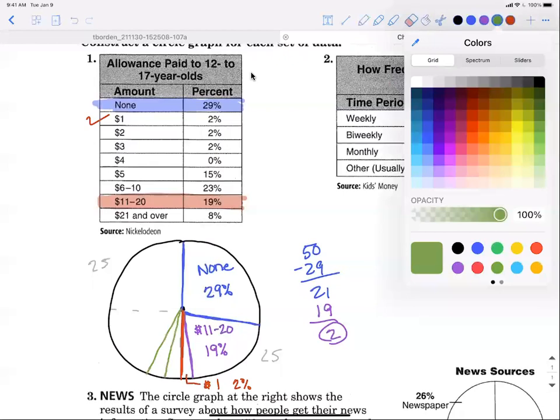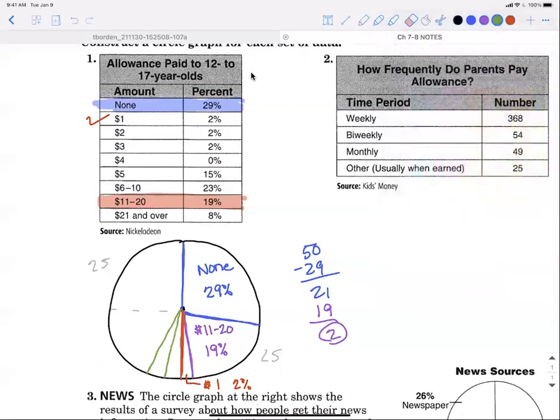So I draw a line to the first 2% and it represents the $2 people. So $2 and that's 2%. And then I draw a line to my other 2% pie piece and that represents my $3 people and that is also 2%. So I've got all my pie pieces labeled with the data that they represent and the percentage that they represent. Okay. All right.